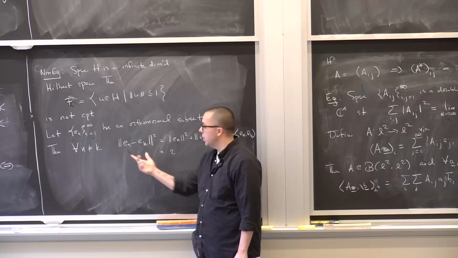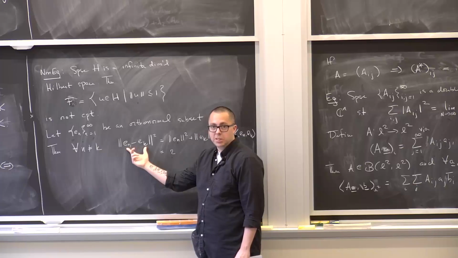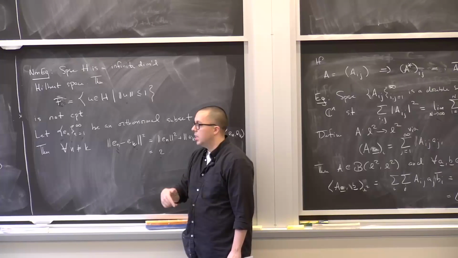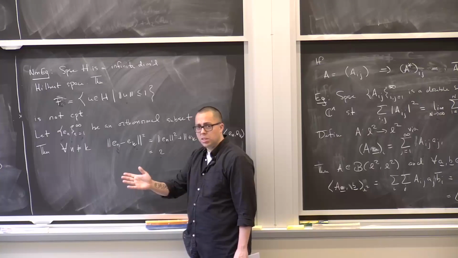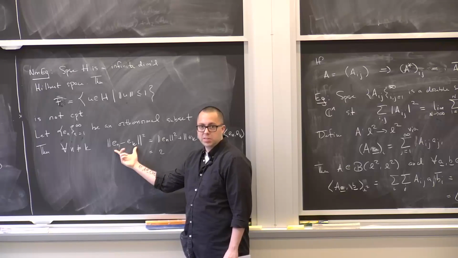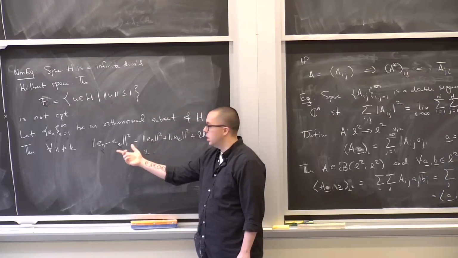So there's no way the sequence of these orthonormal vectors can have a convergent subsequence, right? Because a convergent subsequence would have to be Cauchy, so the difference between vectors has to get small, but it's never small. The distance squared is always equal to 2.